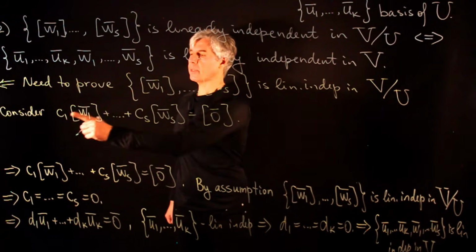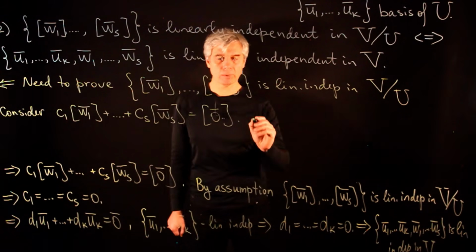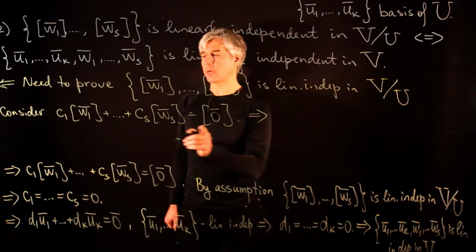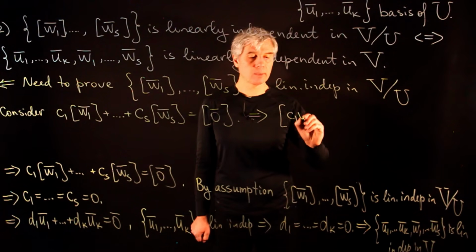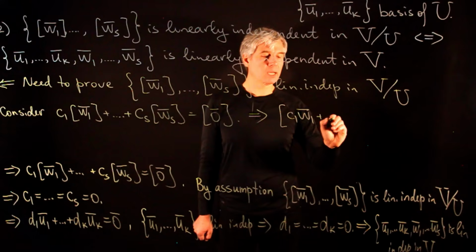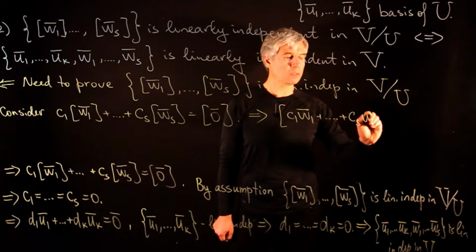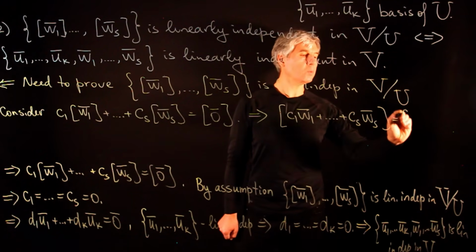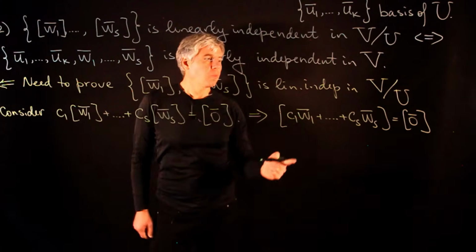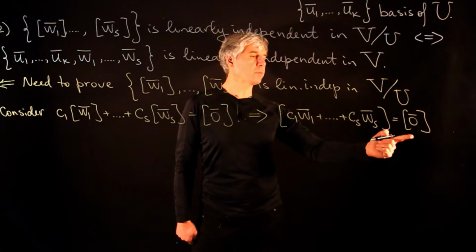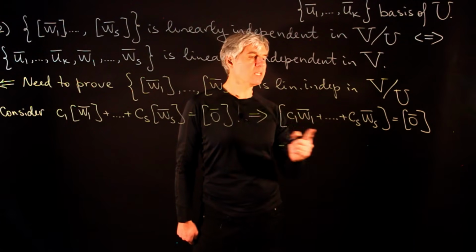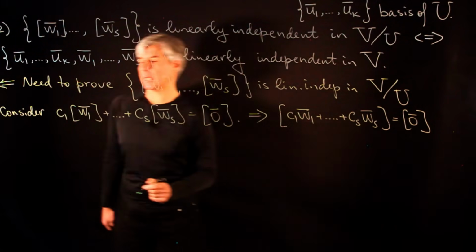And we need to show that all these coefficients are equal to 0. So from here, we conclude that the equivalence class of C1 W1 plus ... plus CS WS is equal to the equivalence class of 0. When is the equivalence class of a vector equal to the 0 equivalence class? This happens precisely when this vector belongs to our subspace.